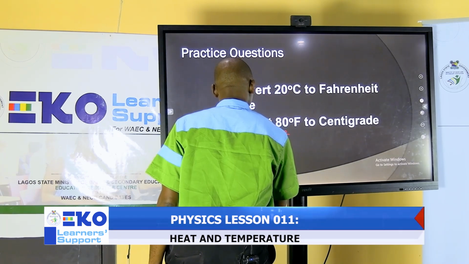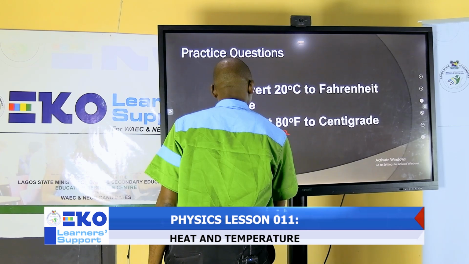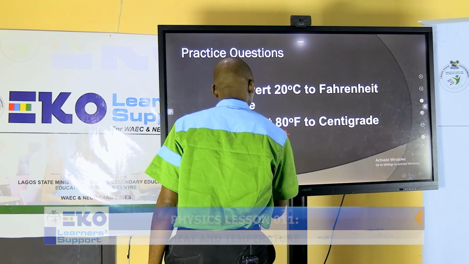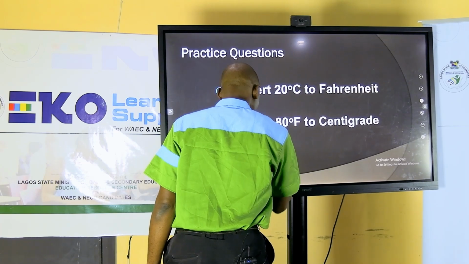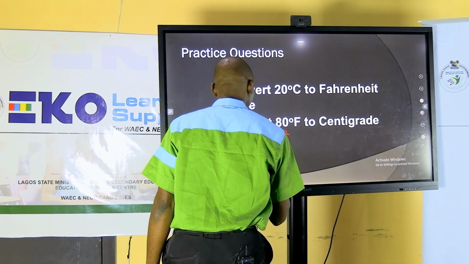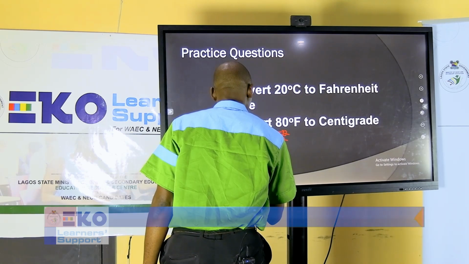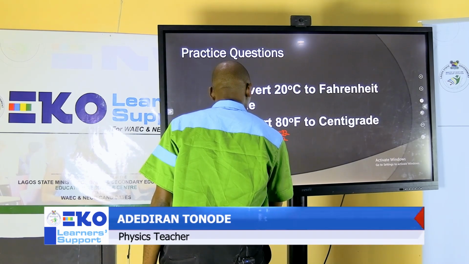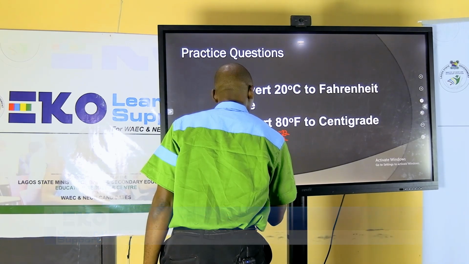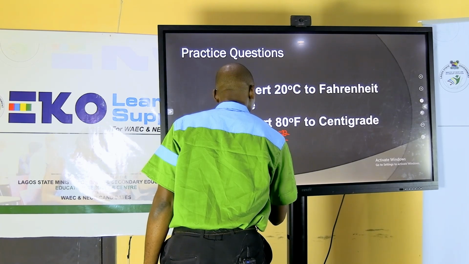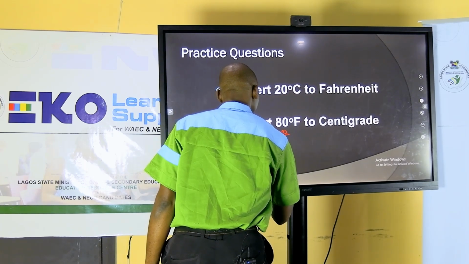I have 100 over 20 equals 180 over x minus 32. Simplifying, I have my 180 equals 5 into x minus 32.